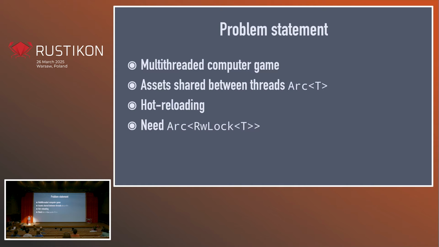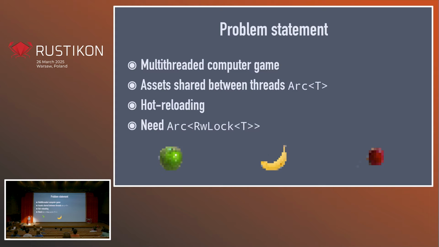So let's say you're writing a computer game, and you have several assets, like graphics or whatever, and you want to share them between different threads. So you might use Arc, the atomically reference-counted pointer, the standard type in the Rust library. And then you realize you want hot reloading, right? You don't want to have to restart the game every time you change the graphics or something.